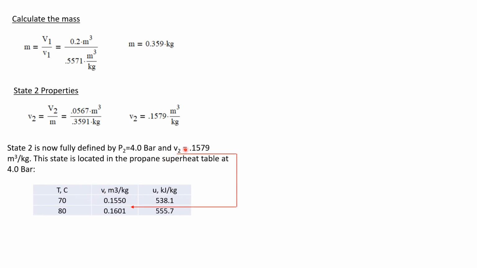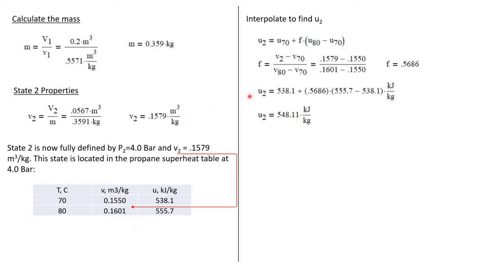I found that this value of a specific volume that I'm looking for is between the specific volume given at 70 degrees and 80 degrees. And again, this is in the 4 bar superheat table. So I know my internal energy is somewhere between these two values given in the table. So again, we're going to have to perform a table interpolation.